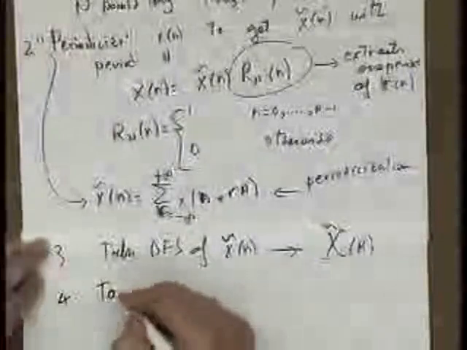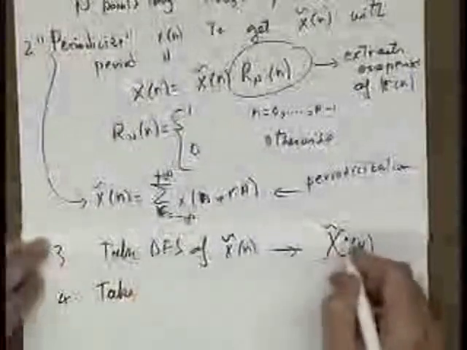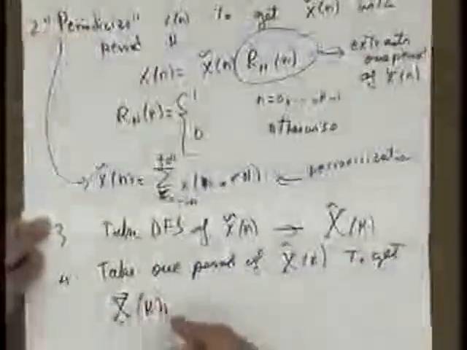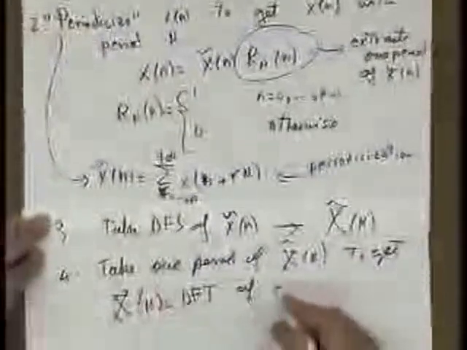And then we take one period of this. Remember, what we want to end up with is the DFT, and the DFT, the final answer here, is not periodic, it's just N point. So what's the simplest way to get from a periodic thing, which is period N, to an N-point sequence? Just extract one period. Very easy. So take one period of x tilde of k to get X of k, which is just the DFT of x of n.